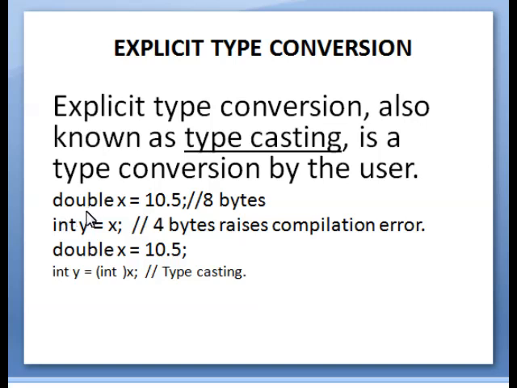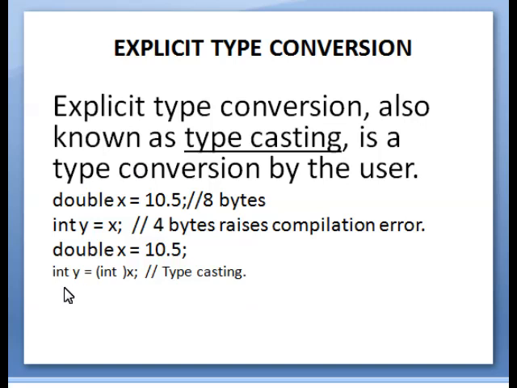But again, double x is equal to 10.5, int y is equal to int of x. We want the result in integer. So here we are changing the data type of the variable y to integer. This is called typecasting. The data type is changed by the user.